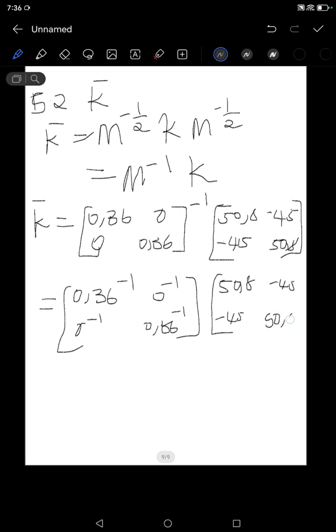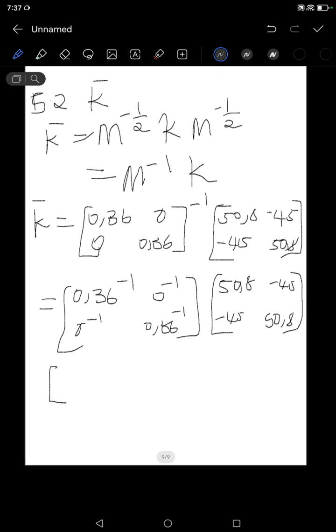Now you're gonna calculate 0.36 to the power of negative 1. You're gonna get the answer, which is 2.78. After getting the answer, you're gonna write it here.